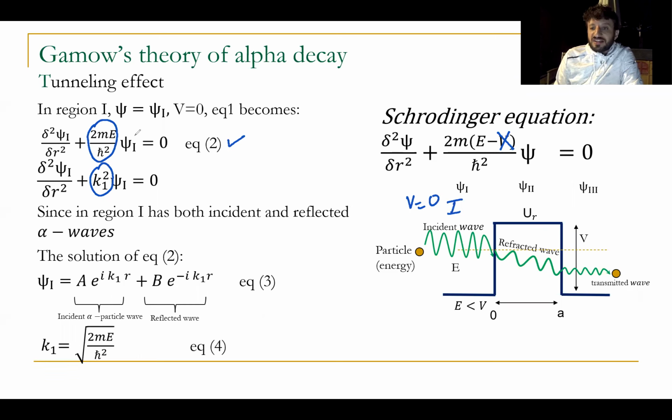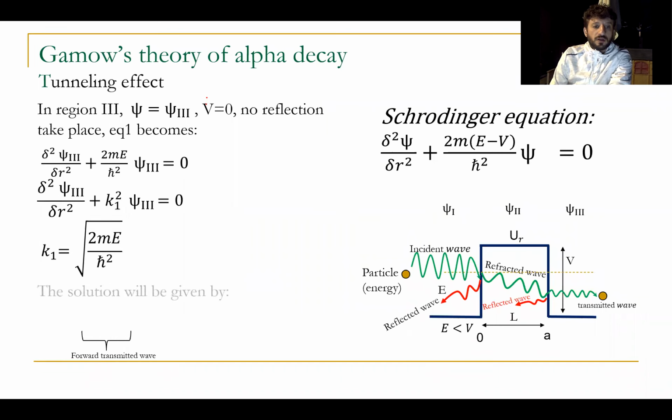As I said before, the solution of this equation must have two terms. One term concerns the incident wave, and the second one is for the reflected wave. The first one will be A times exponential i k1 r, and the second one will be B exponential minus i k1 r.